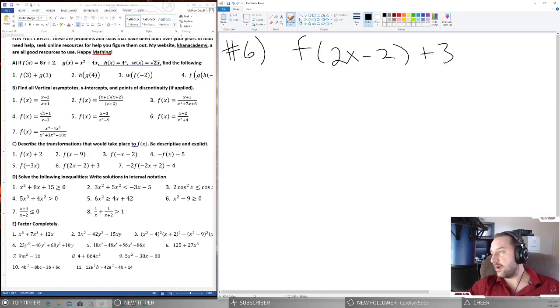So, a few things to note. There is a formatting thing that goes on when it comes to the horizontal stretching and shrinking here. Basically, we like to write it in such a fashion, and I know I didn't emphasize it when I wrote it out in the previous slide, but we actually like it like this.